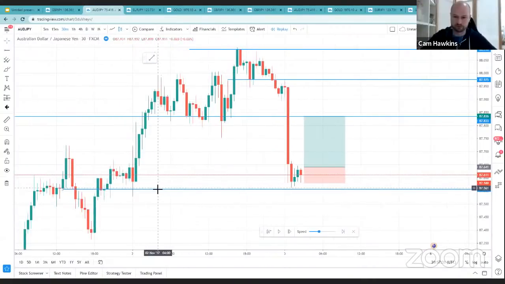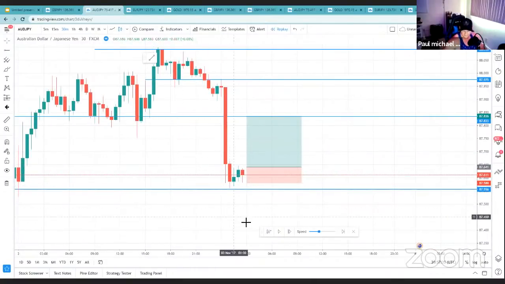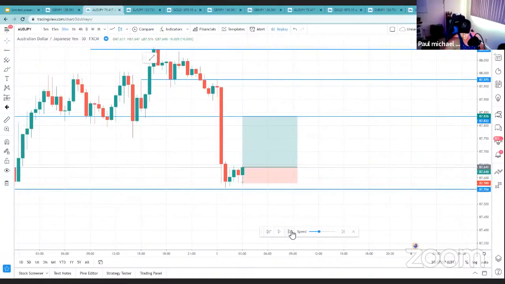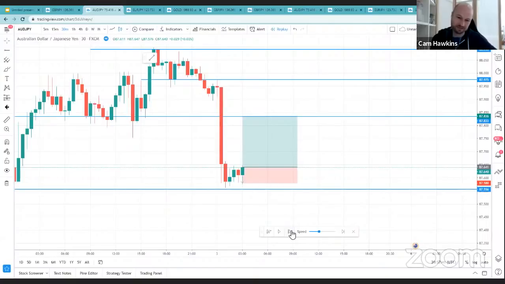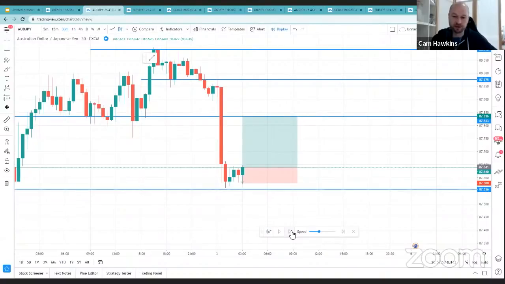Okay. Is this our trade? We'll see. Go ahead. Go for it. Let's have a look. It looks like it probably stopped you out, and then it broke the high. Did it go low first? Yeah, it went down and then up. So it hasn't stopped you out. It's gone down, it's gone up.